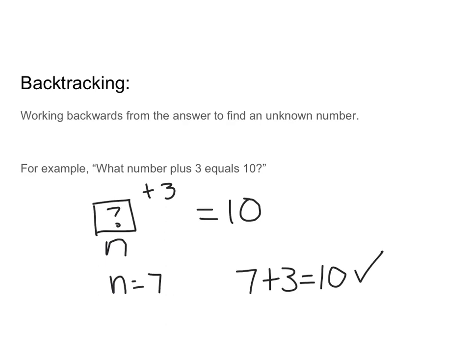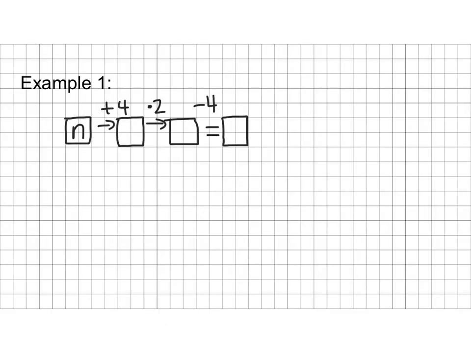Let's try some more complicated examples. All right, so let's say that we have some unknown number, and first we add 4, then we multiply by 2, and finally we subtract 4, and in the end we get 10. Now we could sort of guess and check our way through this, but it's going to be more efficient if we move backwards by backtracking.